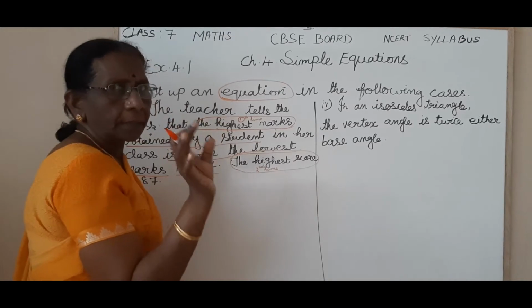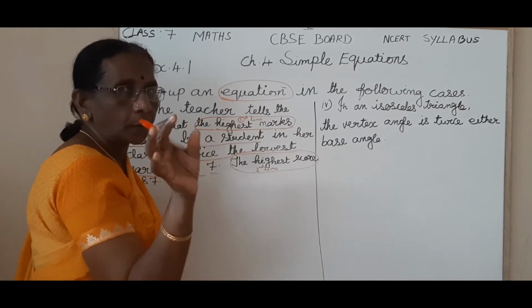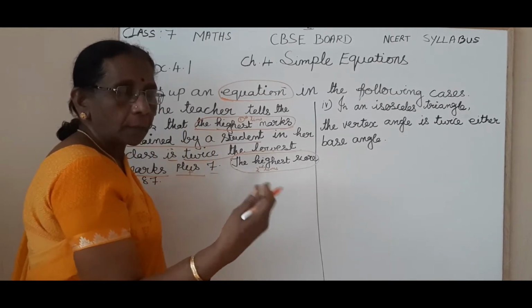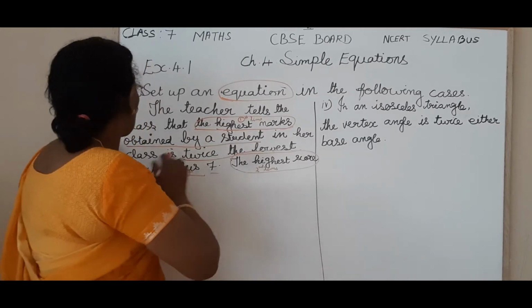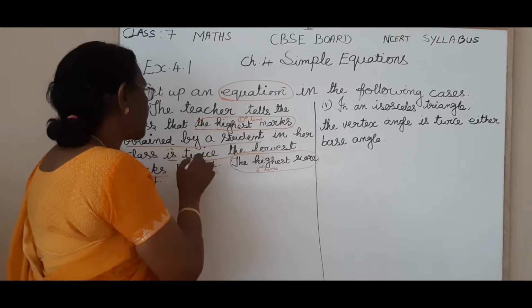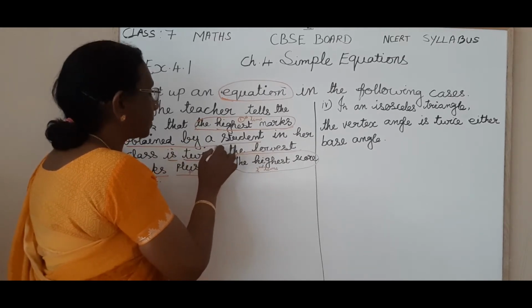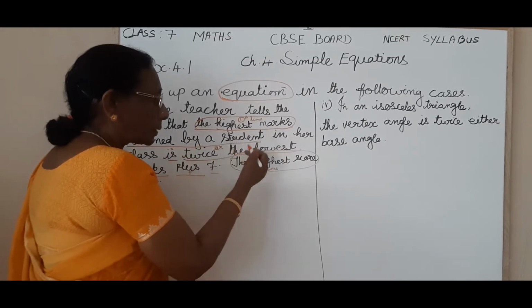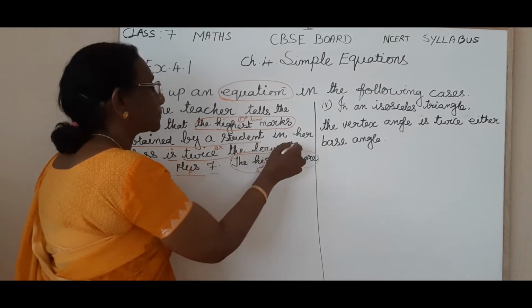For writing the algebraic expression we need an unknown quantity. So what is that unknown quantity? The highest mark obtained by a student in the class is twice, that is 2 times, the lowest mark.